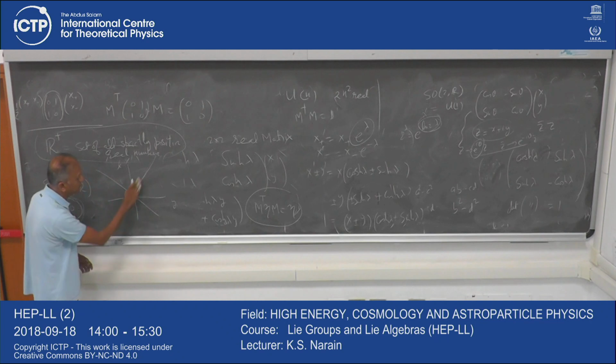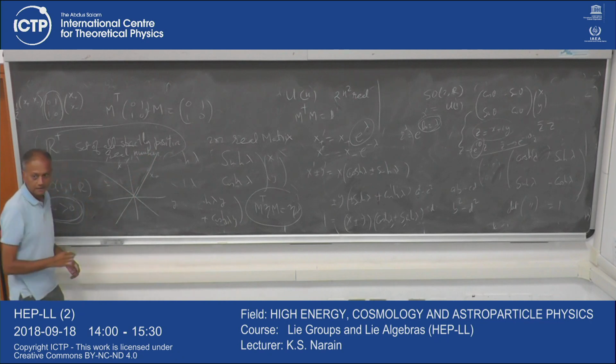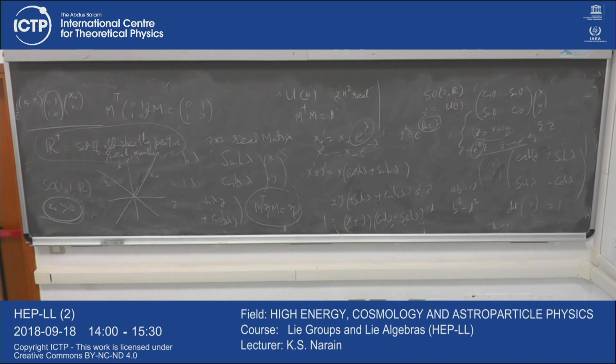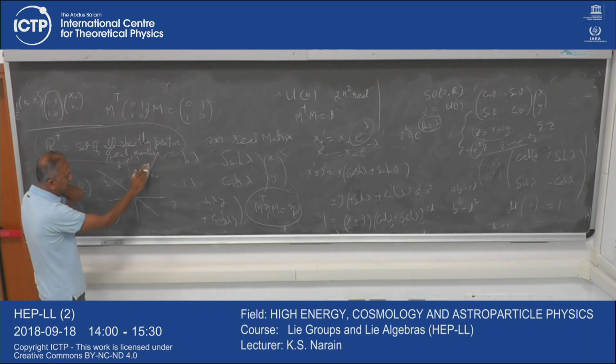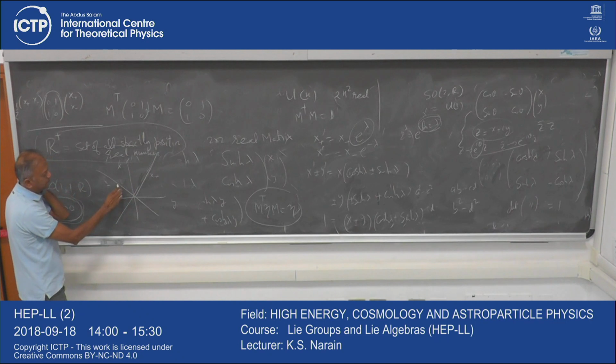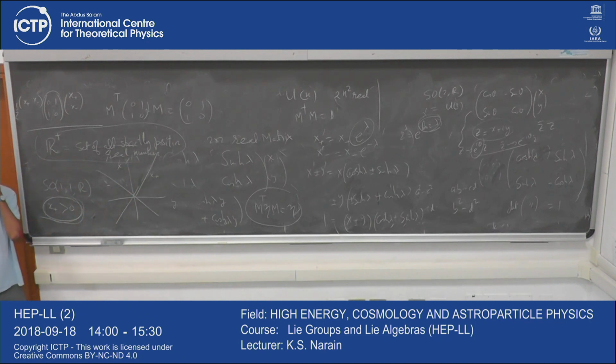So x plus increases this way, x minus increases this way. So when only x plus is positive, that is basically saying that I'm going to only look at this part. We don't look back here. You can restrict yourself to that.